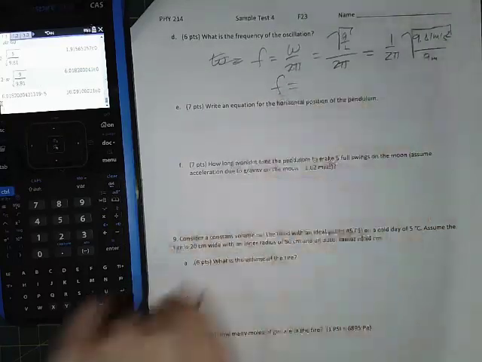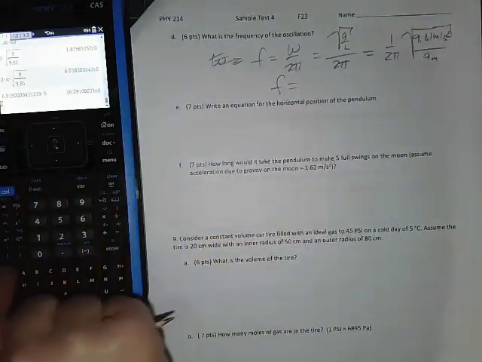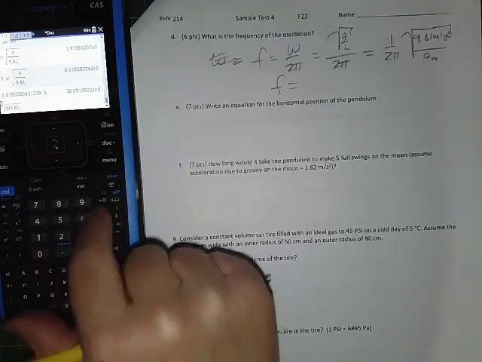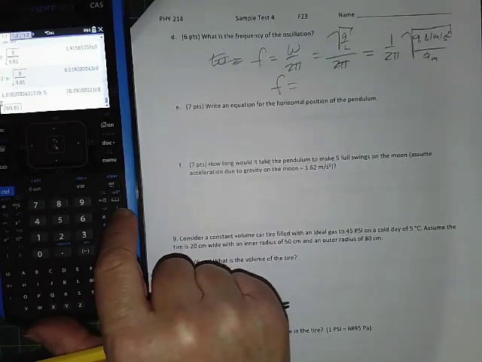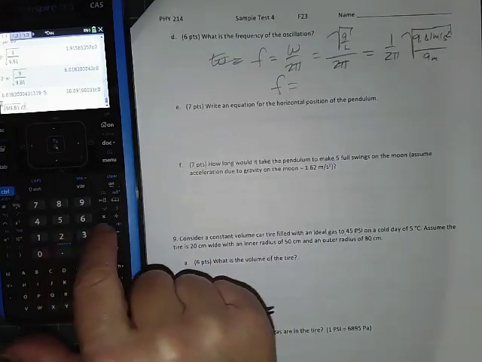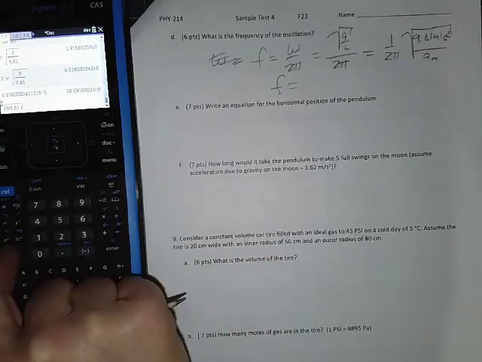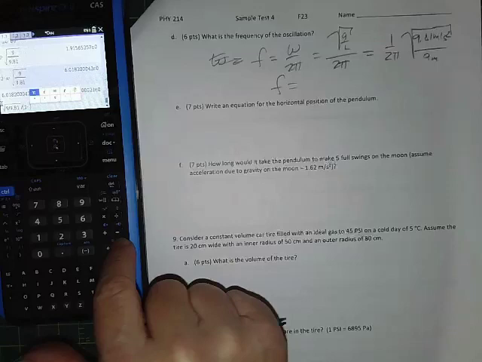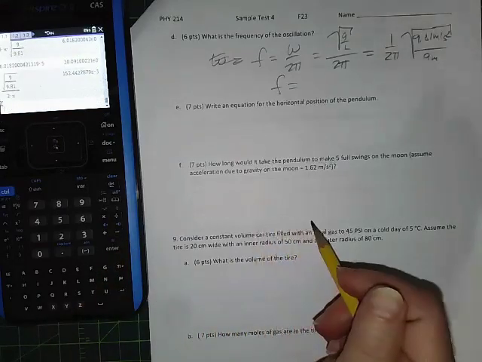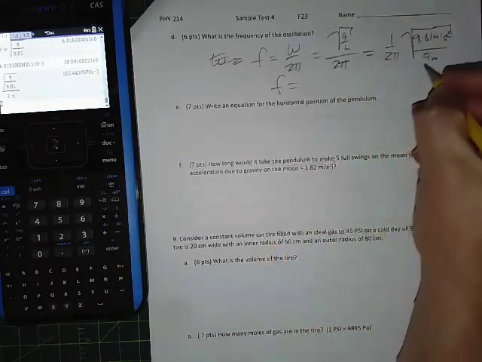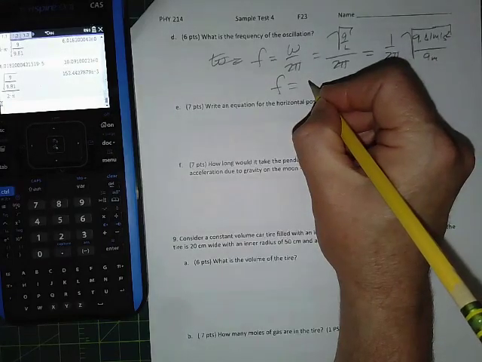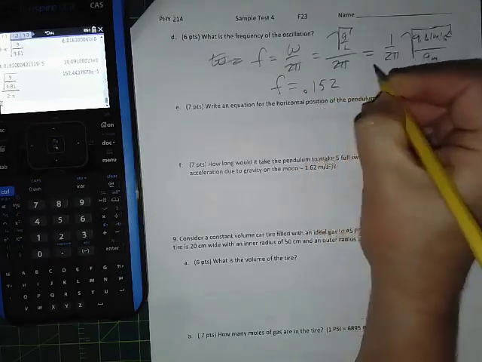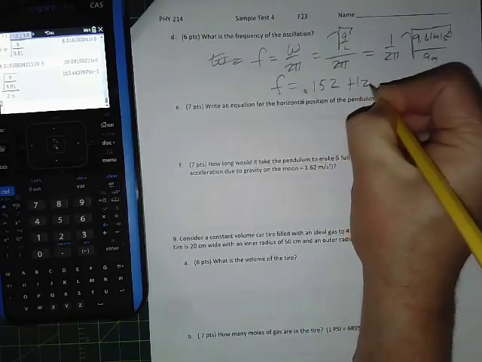So frequency, square root 9 divided by 9.81, that whole thing divided by 2, there's parentheses in here, divided by 2 times pi. Looks good. So the frequency is 0.152 hertz.